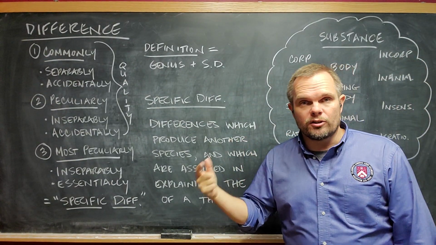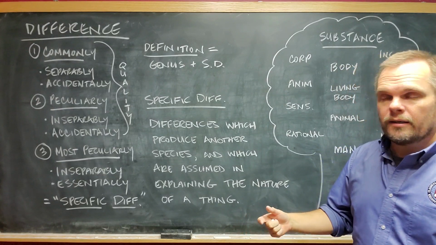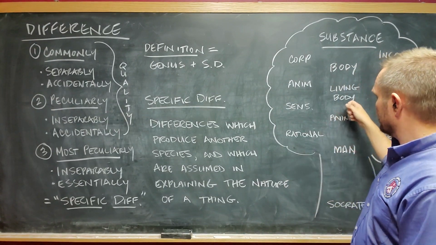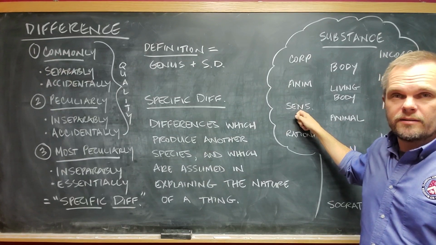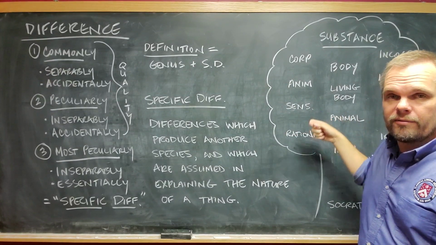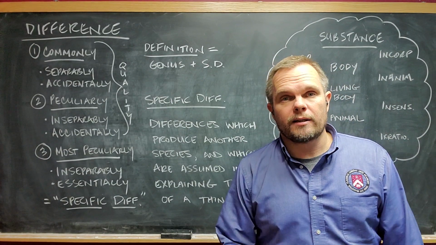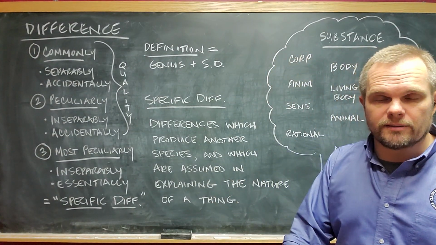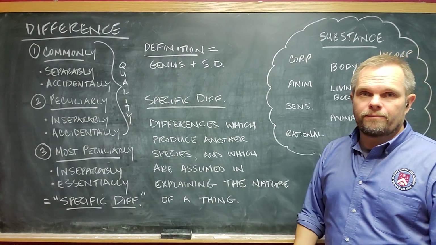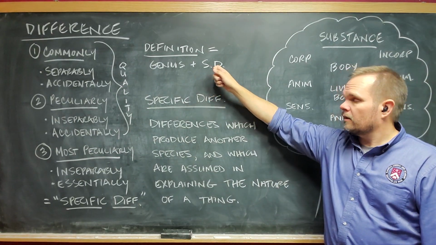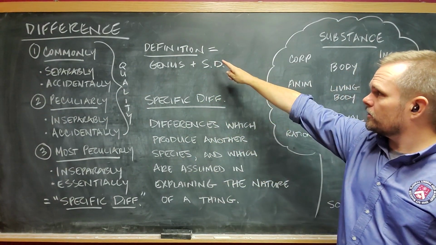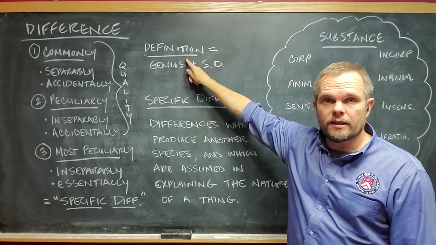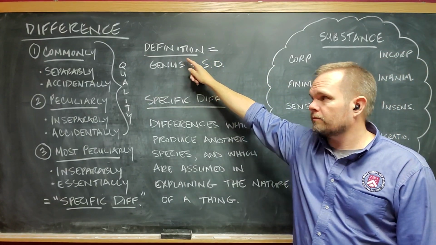So I could state the genus living body, and then for animal, I could say that an animal is a sensible or sensitive living body. If I want to define plant, I could say a plant is an insensitive living body, stating the genus and the specific difference for each different thing. So now you understand what definition truly is, okay?